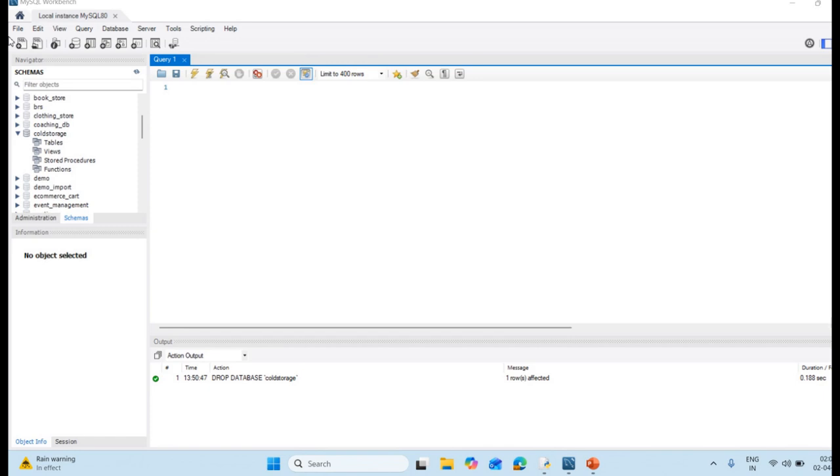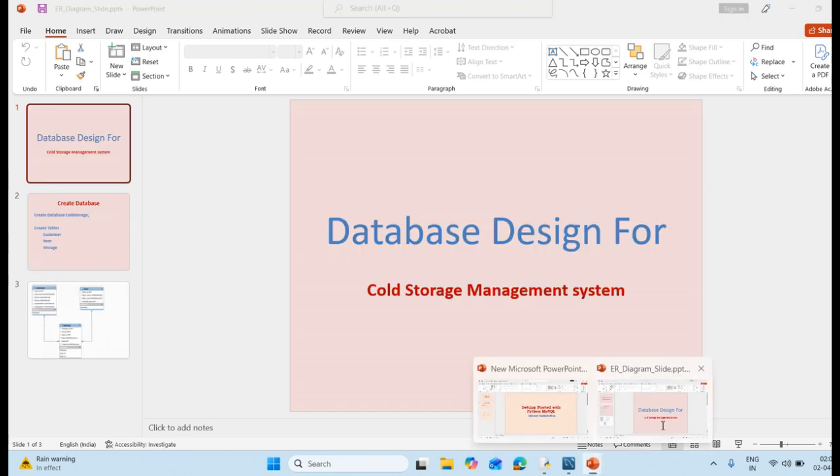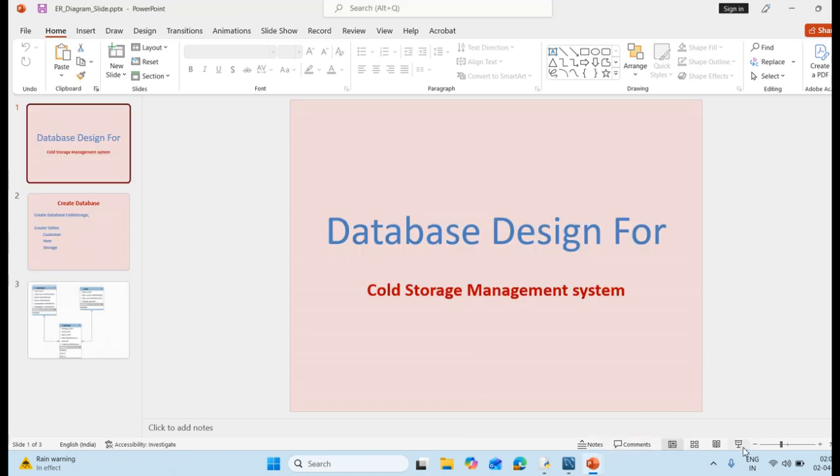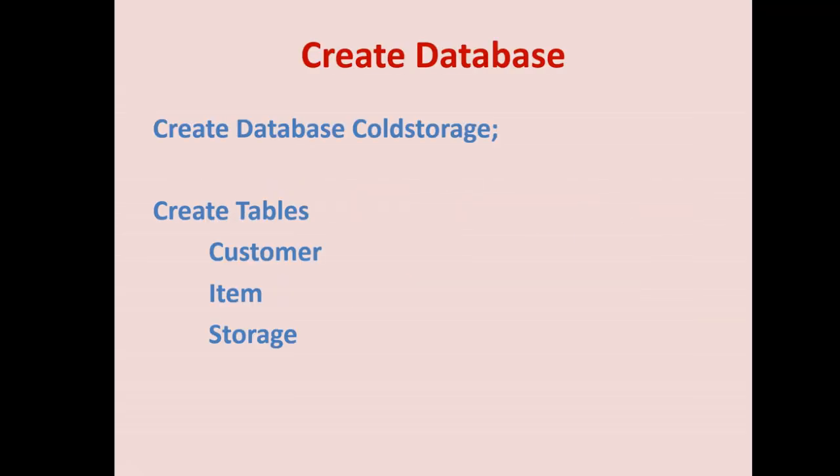So in order to create a table, we must understand what type of table we need in our cold storage management system. As you know, we are working on a cold storage management system, and we have a design for it. In order to create it, we need three tables. First is customer.